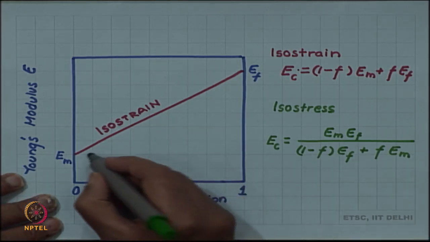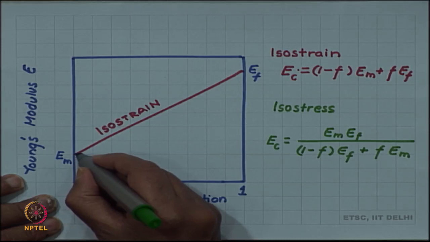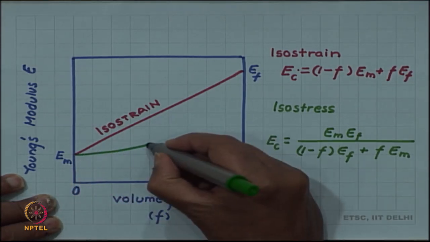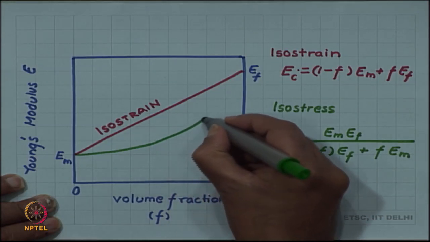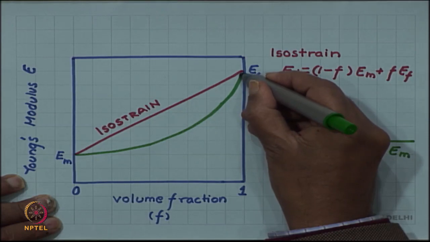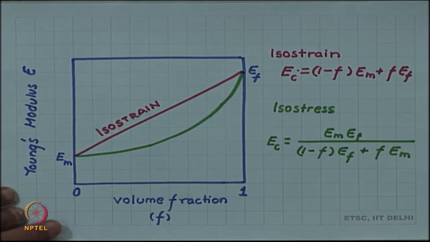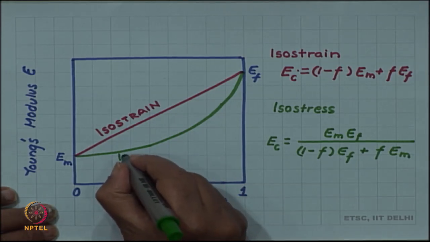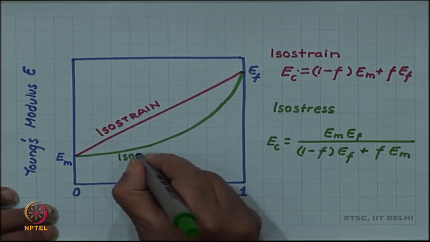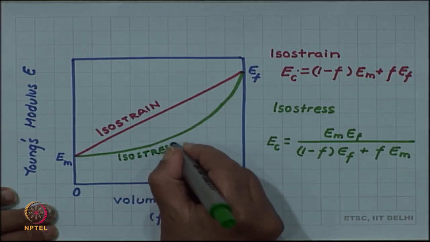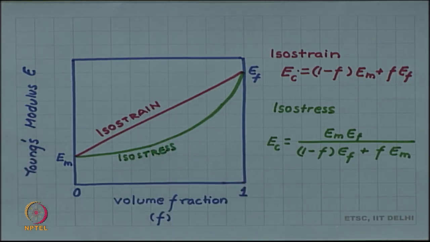When plotted, this curve comes always below the isostrain case, with a shape something like this. Thus, the isostress case is always below the isostrain case.